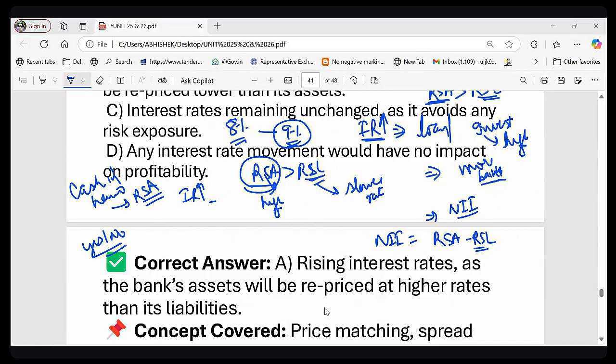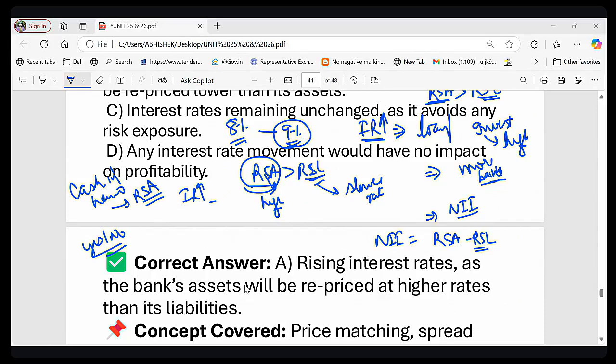If interest rate increases, ultimately bank NII increases. So my question is, cash in hand, is it a rate sensitive asset? Most of you are saying yes. Please think twice before answering.